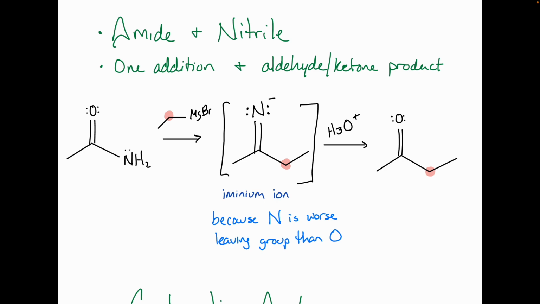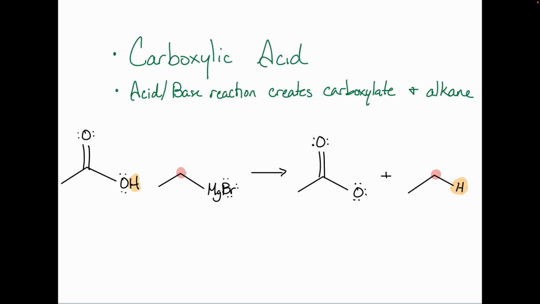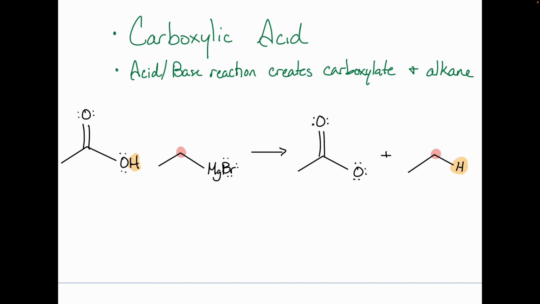So we'll only actually get one addition of that Grignard, and we'll get either an aldehyde or ketone product out of it. And then lastly, we said carboxylic acids, again, pain in the butt, because Grignards are actually good bases as well. So we really just ruin your Grignard here if you add it in with a carboxylic acid. You would get a carboxylate ion, which needs a negative charge, and our alkane.